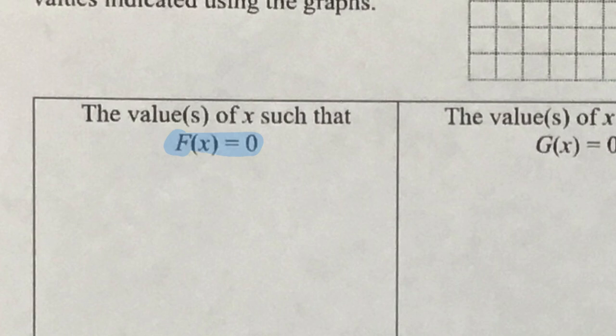The y values which are on the x-axis. Okay, so if y equals 0, we're looking for all those points on the x-axis, where your graph crosses the x-axis. That's what it means if y is 0, it's crossing that x-axis.